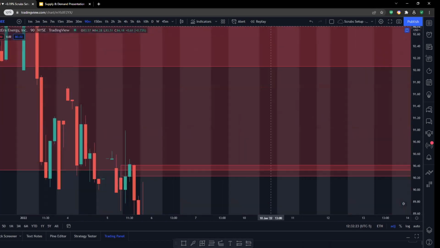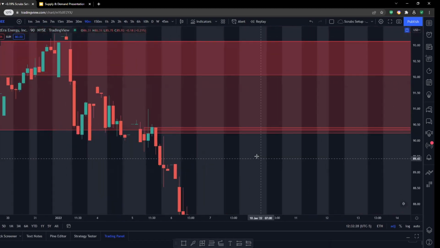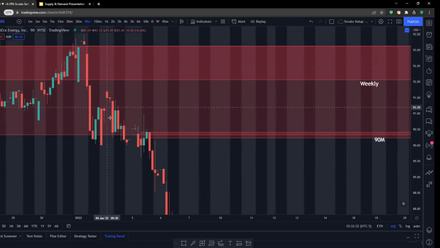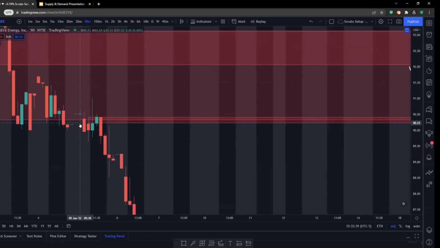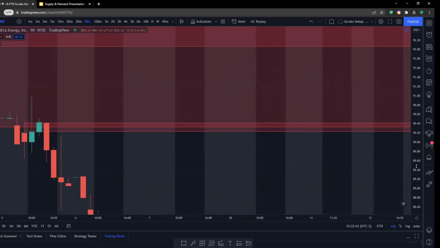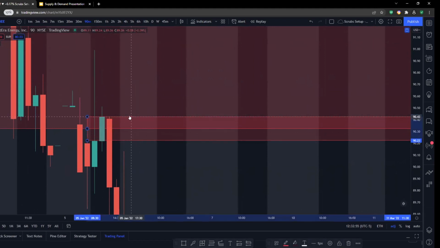Then if we identify the 90-minute, this is a little bit harder to spot. We ended up dropping, basing, dropping again, right? Downtrend, basing, dropping. You would do the exact same thing: chart your zone from the bottom of the body of this candle right here to the top of that wick right there.